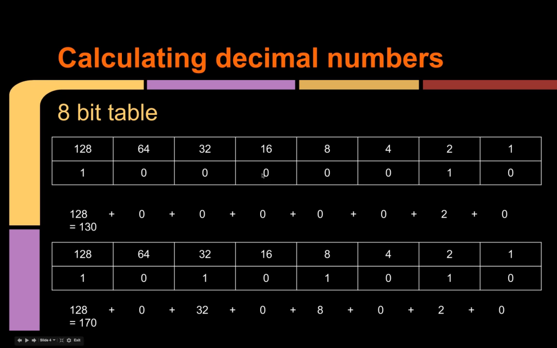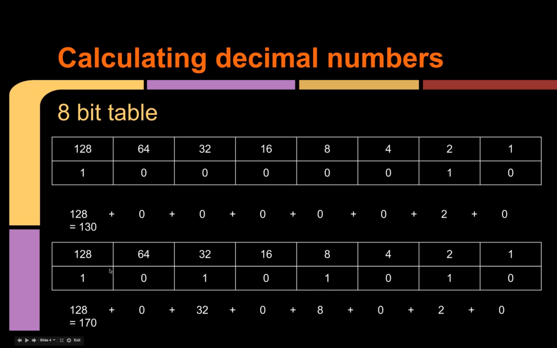And we ignore all the numbers that have a 0 underneath. 2 has a 1. So the decimal value shown here is 128 plus 2, which we know is 130. So 10000010 is 130 in decimal.